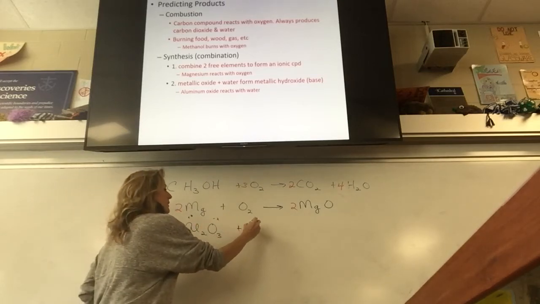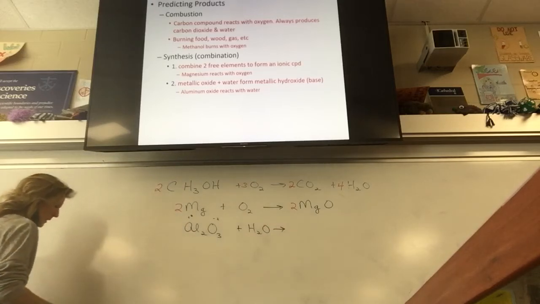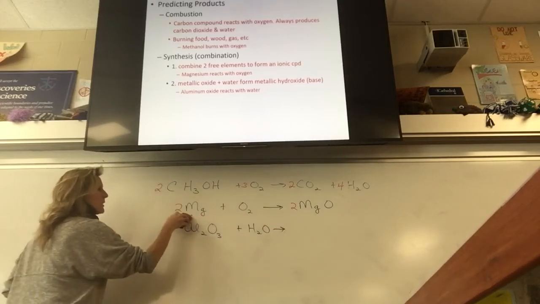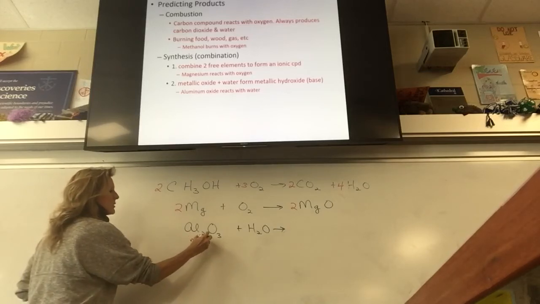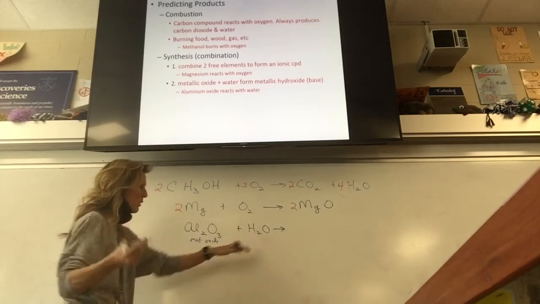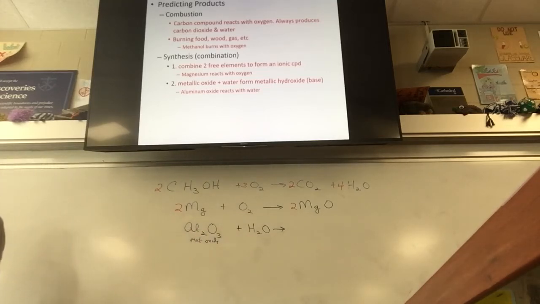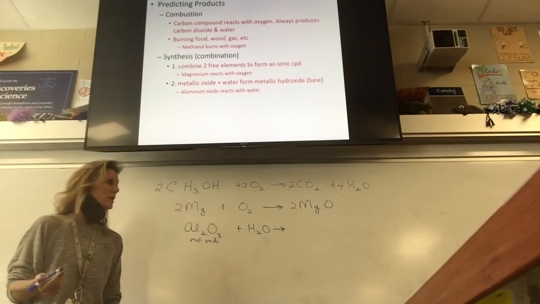And then we have water. So here's our metallic oxide. And you don't have to label this, I'm just doing this to show you. But this is our metallic oxide, and obviously water is water. So that's your clue that this is a synthesis reaction that's going to form a metallic hydroxide or base.